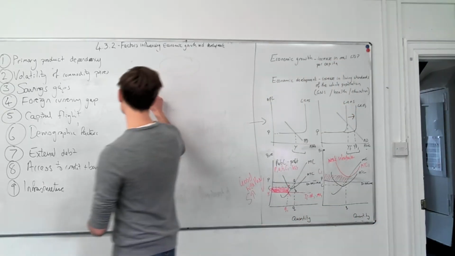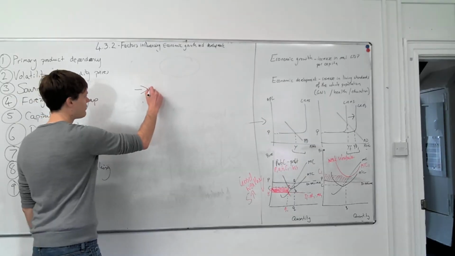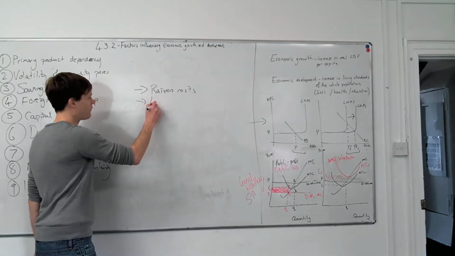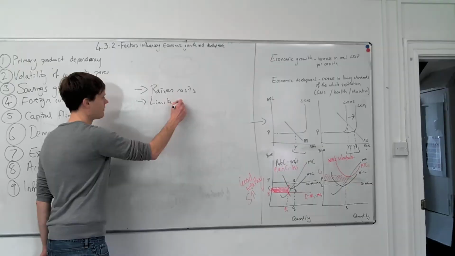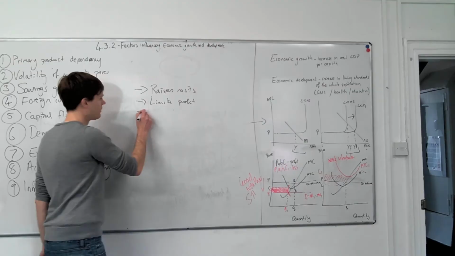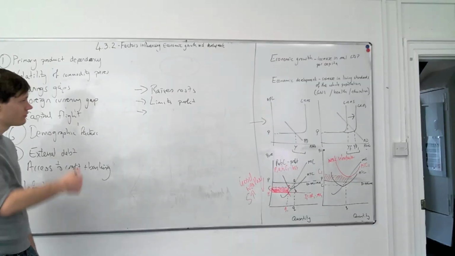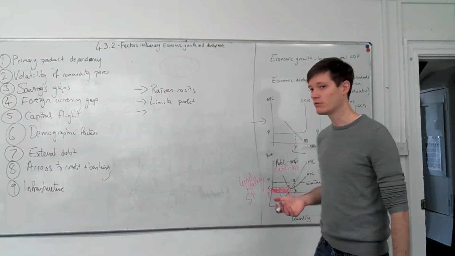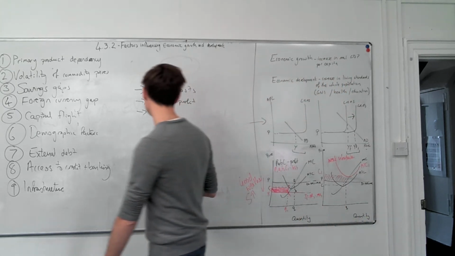So weak infrastructure does a lot of things. It raises costs. That limits profits. It could also possibly limit the education of the country through poor broadband, for example.